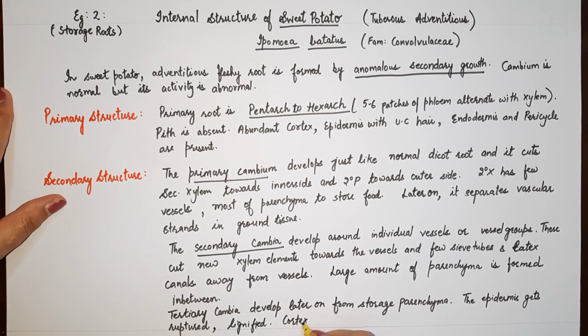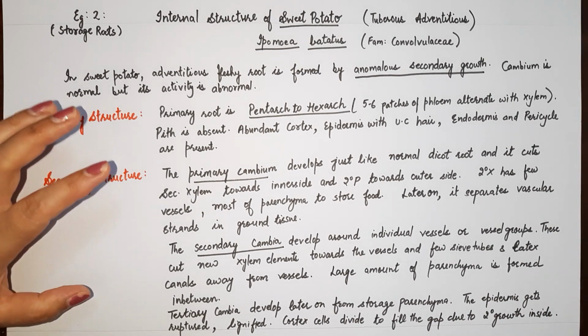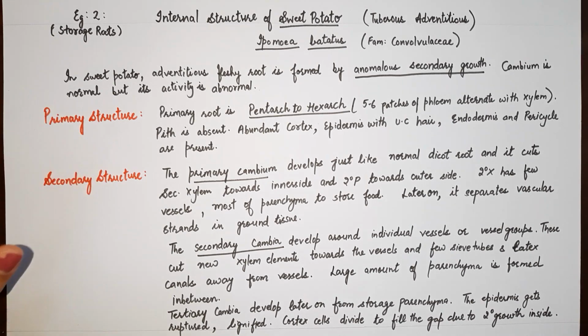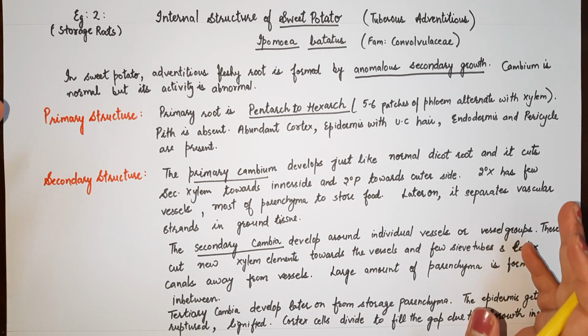Cortex cells divide to fill the gap due to secondary growth inside, because the elements are developing, secondary xylem, secondary phloem, lot of storage parenchyma. So because of that, the diameter of the root is increasing.